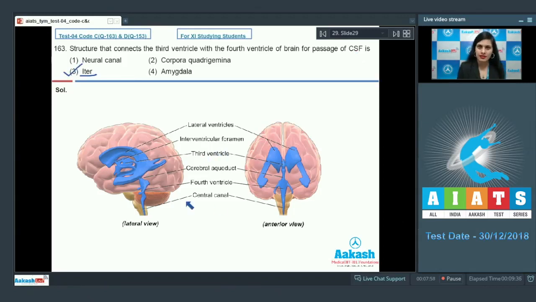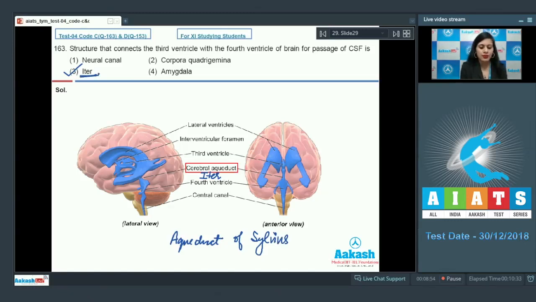As you can see here in this diagrammatic representation depicting ventricles of brain, these lateral ventricles or first and second ventricles are connected through third ventricle to the fourth ventricle, and the duct which connects this third ventricle with the fourth ventricle and allows passage of cerebrospinal fluid is cerebral aqueduct, which is also known as iter or aqueduct of Sylvius.